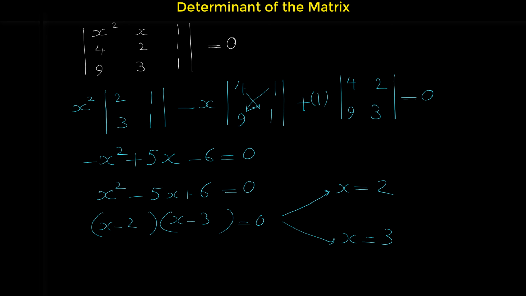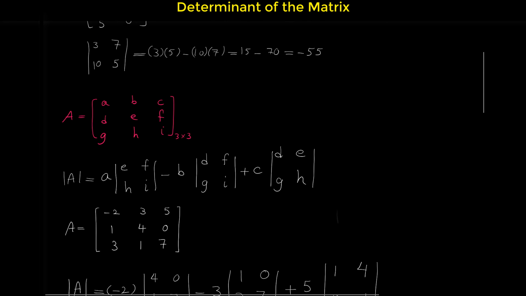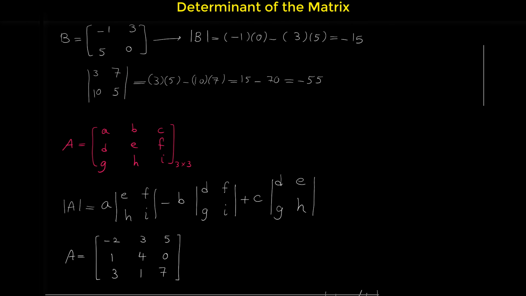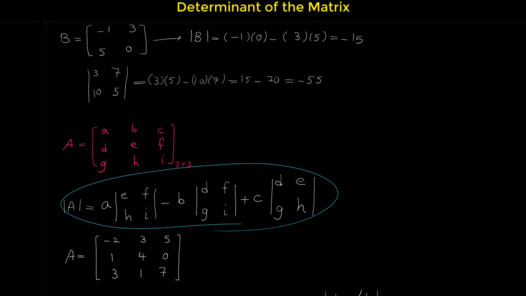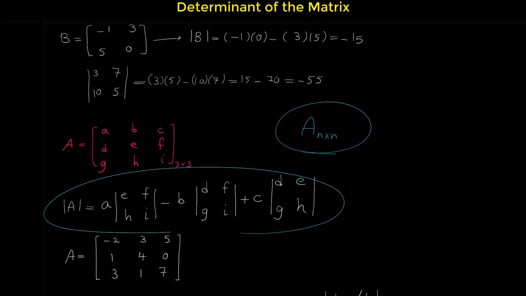If you want to learn more about finding the determinant of matrices, or if you want to learn why we define the determinant of a 3 by 3 matrix like this, watch my next video, in which I define the determinant for an n by n matrix, not only for 3 by 3 or 4 by 4. If you learn the general formula, then you understand why the determinant of a 3 by 3 matrix is like this.